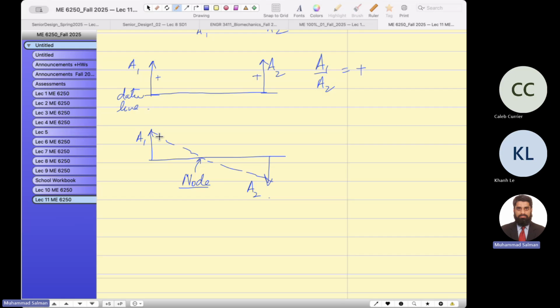Looking at this shape, you will immediately say, Professor, one is moving positive, like positive 2 centimeters, the other negative. It doesn't matter what the magnitudes are, but the ratio is negative. You see my point? The ratio in the first case is positive. So we have to prove it.